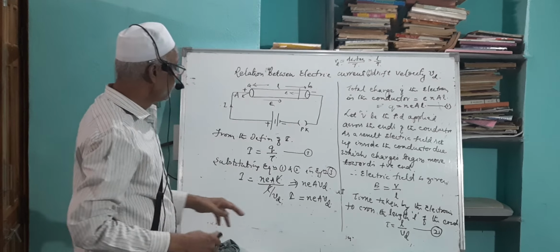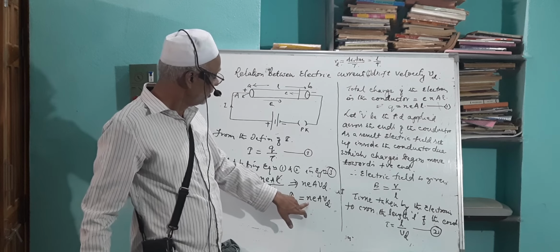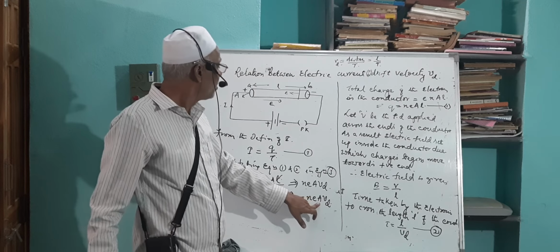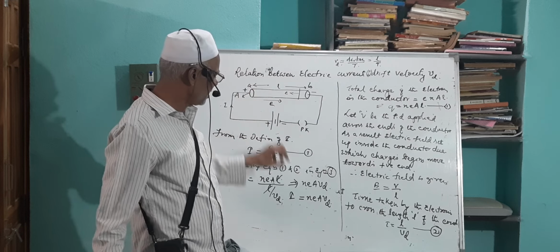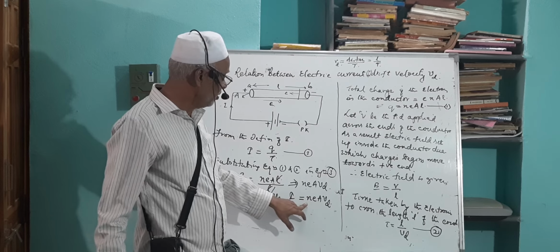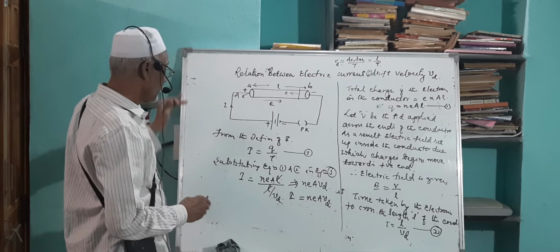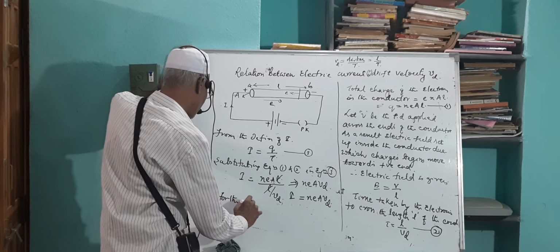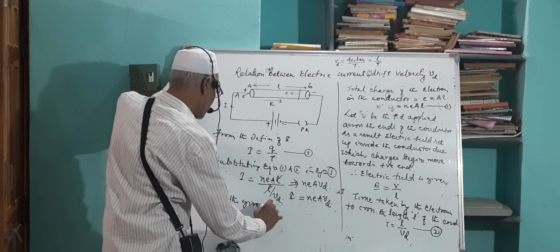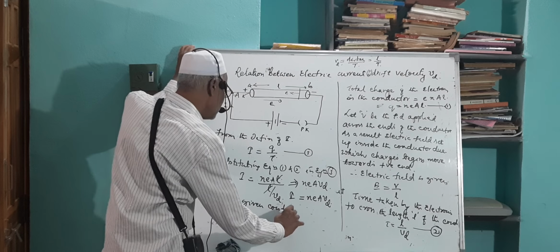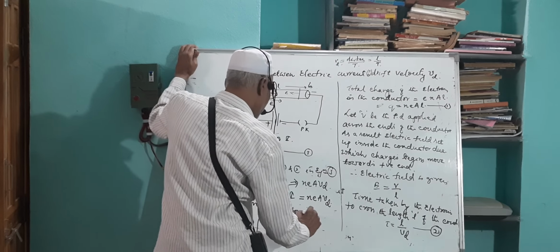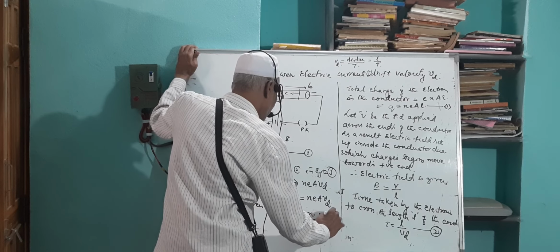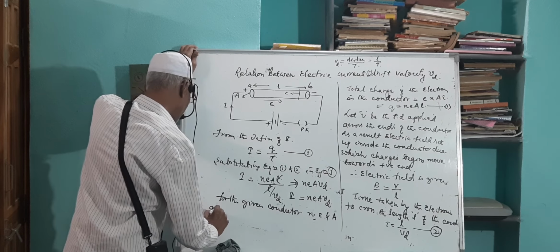For a given, specific conductor, N, e and A are constant.